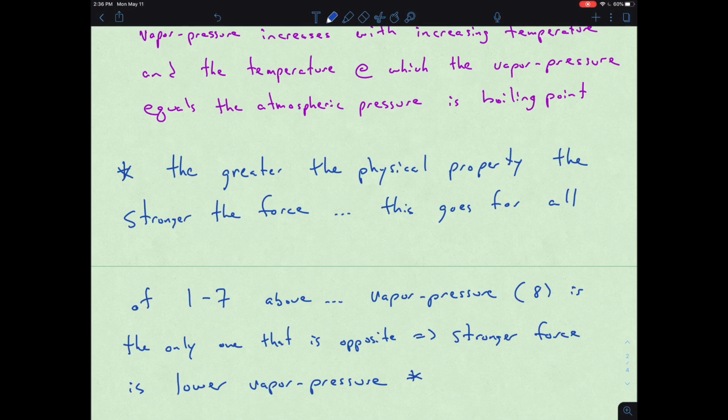So we're going to be talking about these forces, and we'll do some comparisons, but realize it's just a question of if we're talking about the strongest force, that one would have the greatest melting point, the greatest boiling point, the greatest capillary action, the greatest heat of vaporization, etc. Except for vapor pressure, it would have the lowest vapor pressure.